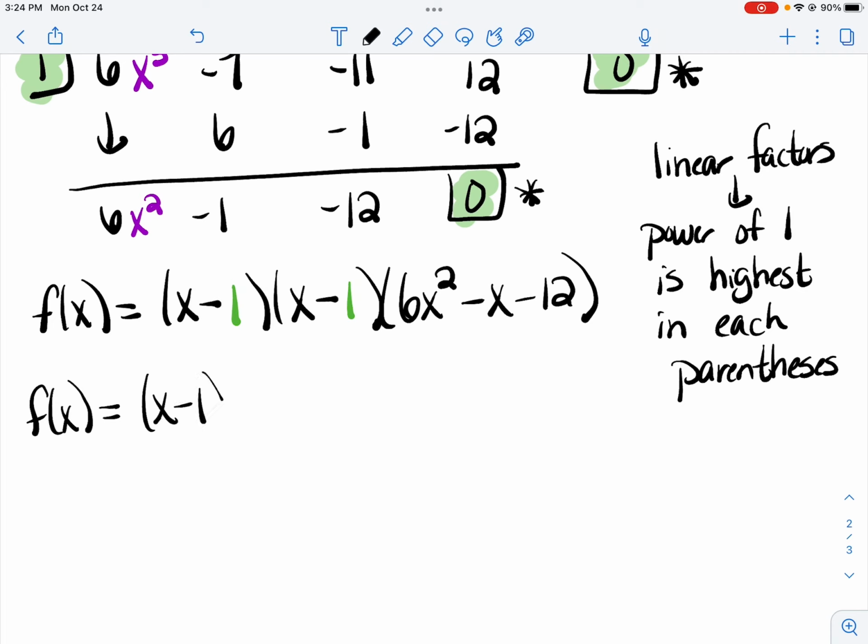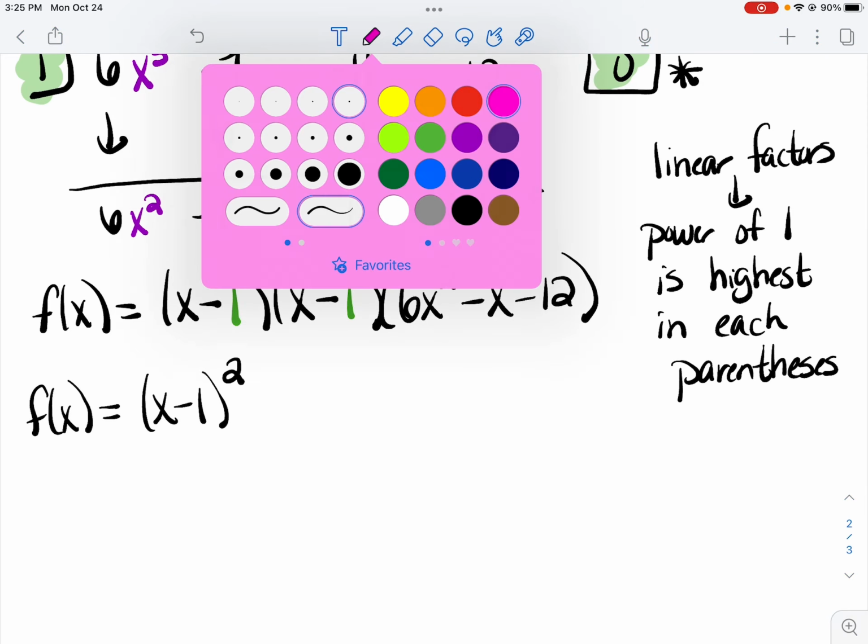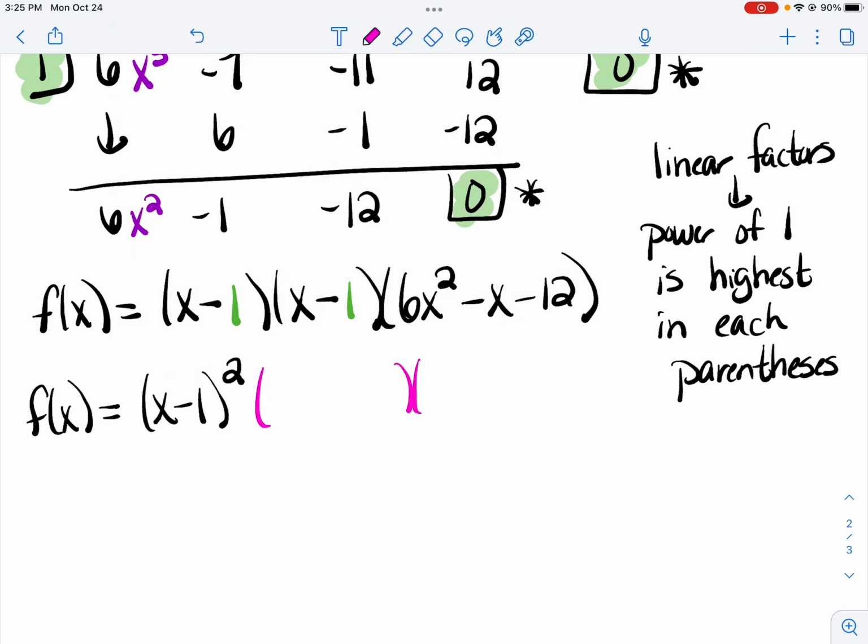So I'm going to bring down the x minus 1, and I'm going to go ahead and write that as x minus 1 squared because that parenthesis is multiplied times itself. That's where the squared comes from. Then draw your two parentheses to factor our trinomial. To get 6x squared, I need a 3x and a 2x.